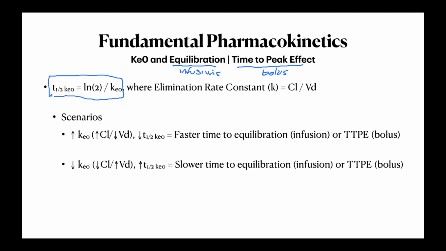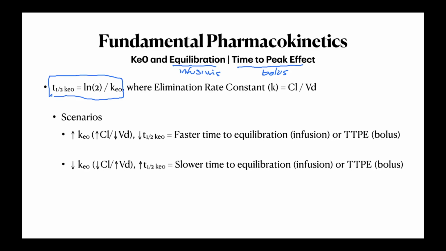In other words, if you increase your elimination rate constant, either through increasing clearance of a drug or decreasing the volume of distribution, you decrease your elimination half-life, or T1/2 KEO, and that leads to a faster time to equilibration for an infusion, or time to peak effect for a bolus dose.